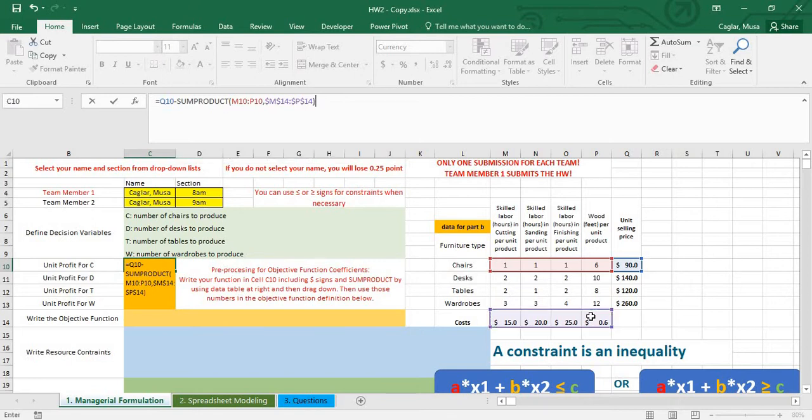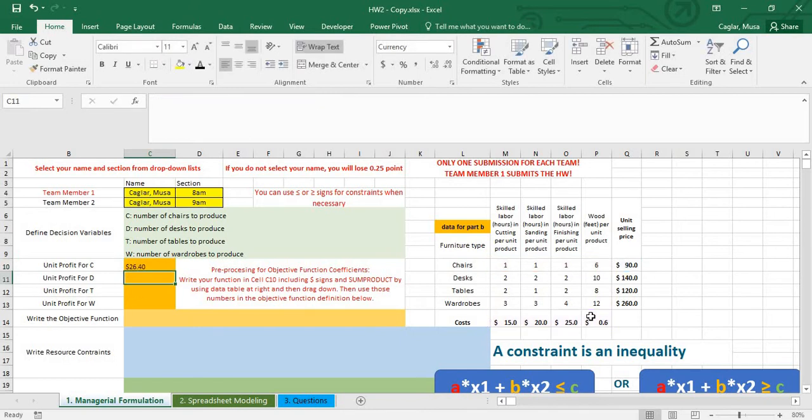Again, why am I doing this? Because I want to drag down the formula. When I drag down this formula, I want this resource cost to be fixed, but the other resource usage rows should be changing. So selling price minus resource cost times the resource usage for each chair will give us the unit profit.